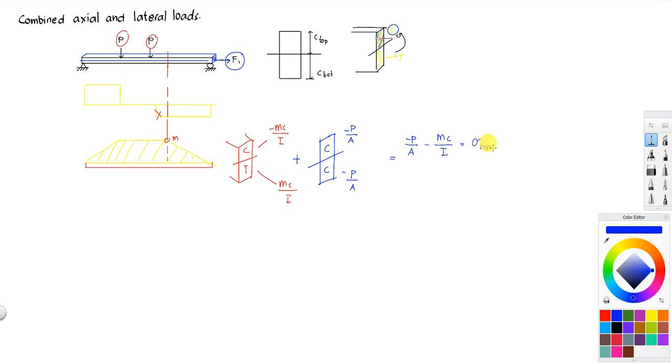It also shows us that this is in compression. However, at the very bottom, I will have negative P over A, because this is in tension, it negates a little, plus MC over I. This now would become your bottom.